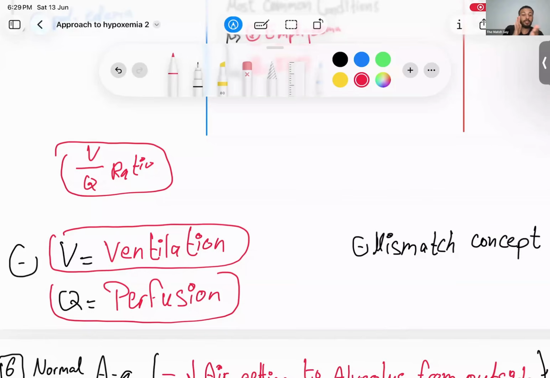It means that this alveolus is less perfused. I'm going to talk about the VQ ratio, but I just want to break the concept down easily right now. There are also some conditions that lead to a hypoventilated alveolus while the perfusion is okay. Also, this is a problem.